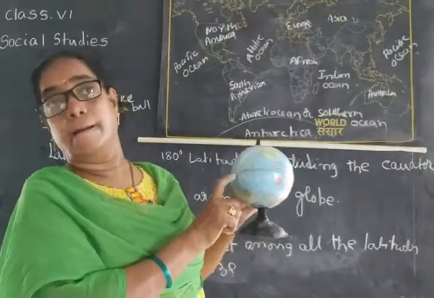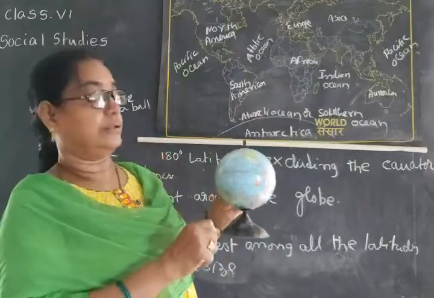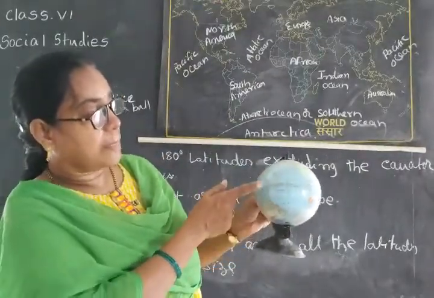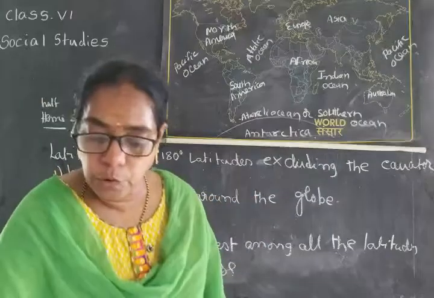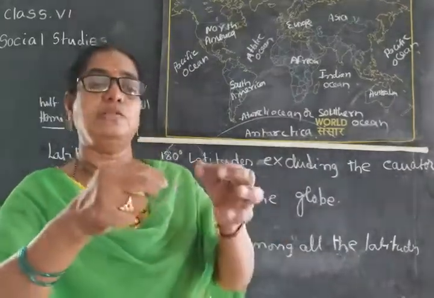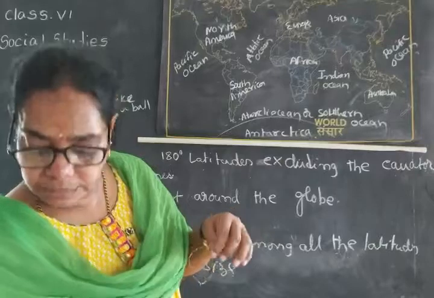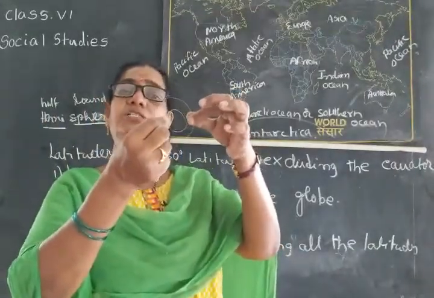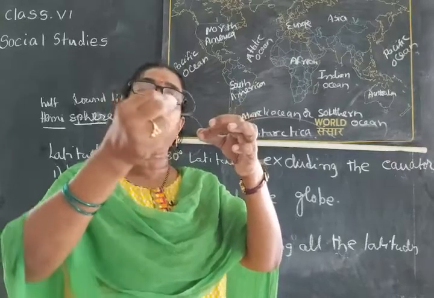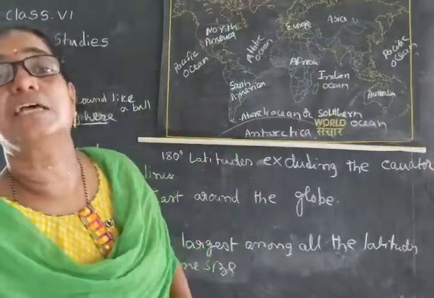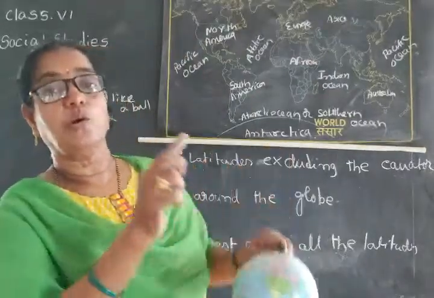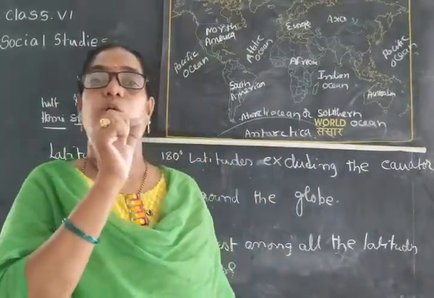When we go northwards or southwards, the size of the latitudes keeps decreasing. At the North Pole, it becomes just a small dot.